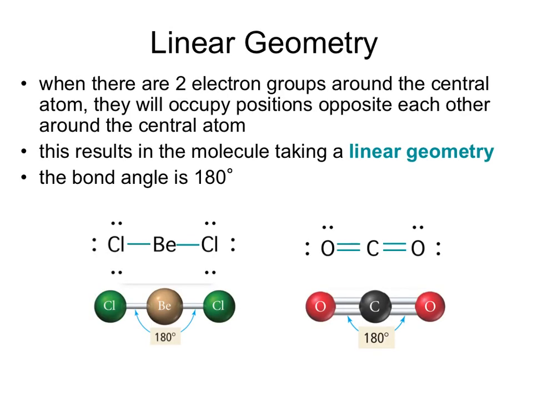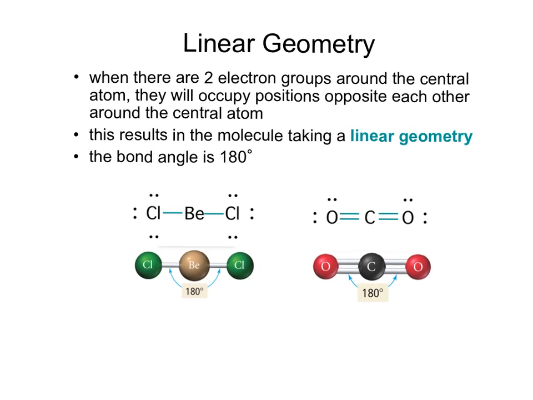This is a linear geometry, and this is where you're going to have 3 or more atoms in a linear orientation. You have the chlorine, beryllium, chlorine bond, and the angle here is 180 degrees, linear geometry.